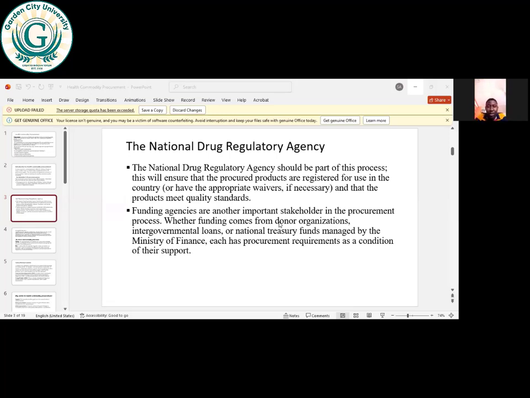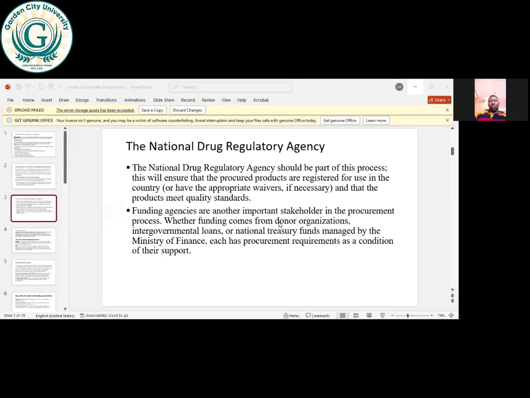Then another important stakeholder in the procurement process is the funding agencies. The funding agencies are another important stakeholder in the procurement process. So whether funding comes from donor organizations, intergovernmental loans, or national treasury funds managed by the Ministry of Finance, each has procurement requirements as a condition of their support.